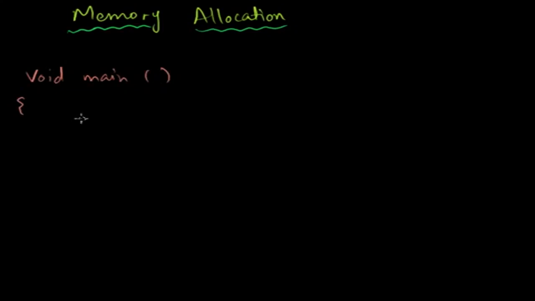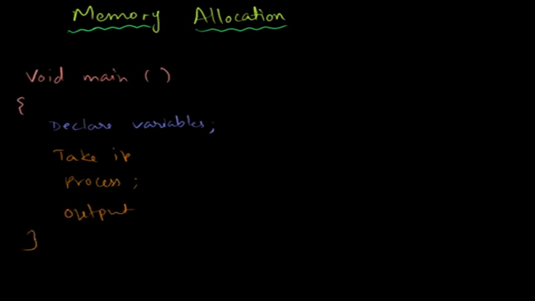That means you declare your variables before using them. Then you take input, then you process values and produce output. So this is the general structure of your program, right?